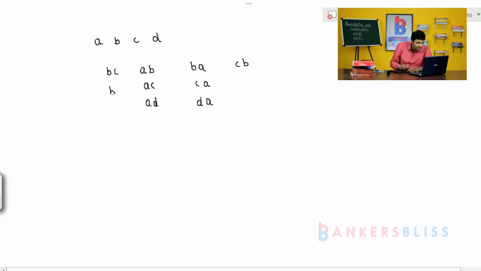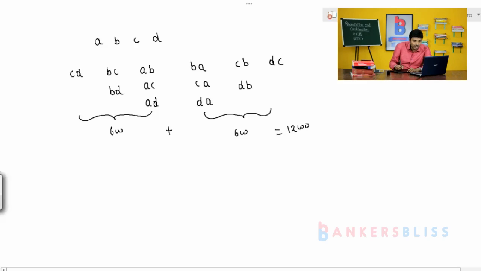Next BD, I can arrange in this format, DB. Next, I can select CD and arrange it in this format, DC. So how many ways did you get? 6 ways, and another 6 ways. Altogether, 6 ways plus 6 ways is equal to 12 ways.